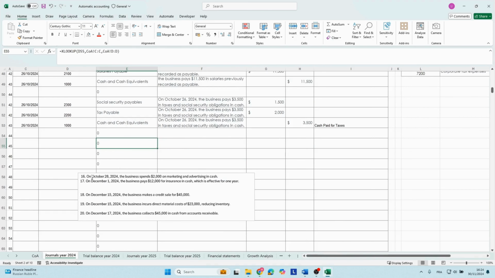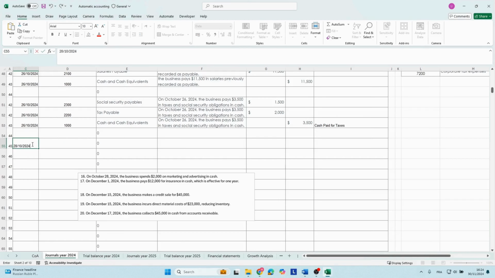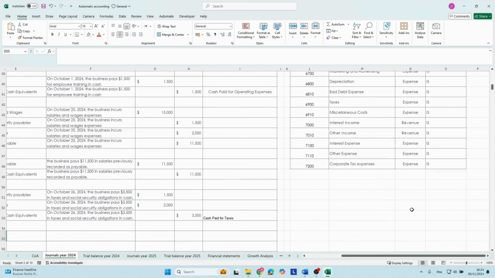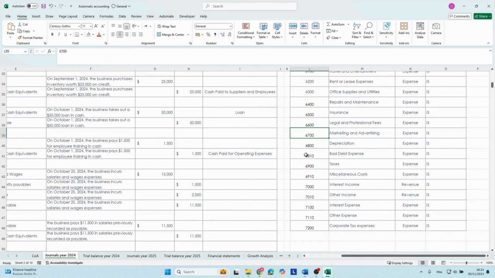Next, in October 2024, the business spent 12,000 on marketing and advertising in cash. So we put the date, 28th of October, 2024. So this is operation expenses. We look in the chart of accounts, the marketing expenses, 67.